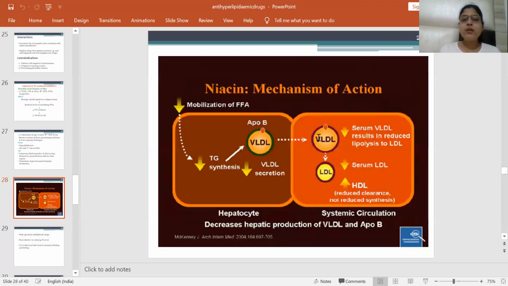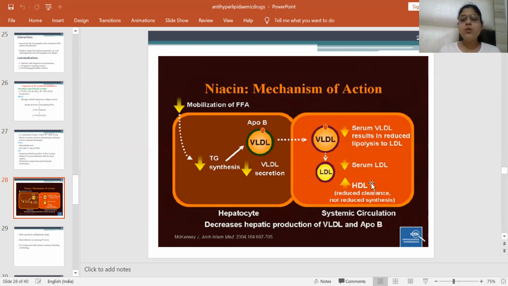This is the mechanism of action. That is, it inhibits the triglyceride synthesis. Lipolysis is inhibited. Lipolysis inhibitor means these free fatty acids will reduce in the hepatocytes, reduce triglyceride synthesis, reduce VLDL secretion, and this reduced serum VLDL results in reduced lipolysis to LDL. Then reduce LDL, increase HDL, reduce clearance, not reduce synthesis.